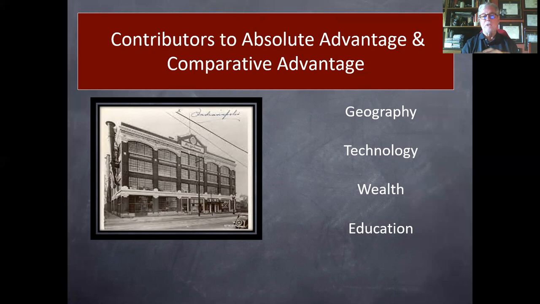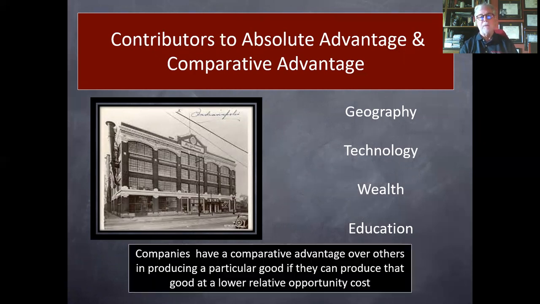They had the technology, the wealth, and the workers were highly educated in automobile manufacturing. So companies have a comparative advantage over others in producing a particular good if they can produce that good at a lower relative opportunity cost. In other words, to make sure that they're making best use of all the assets they have at their disposal.